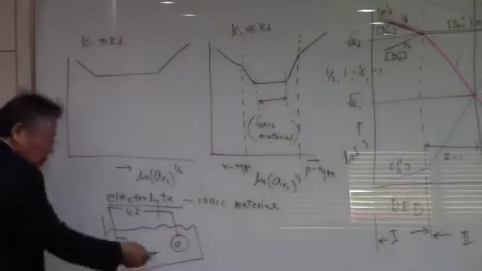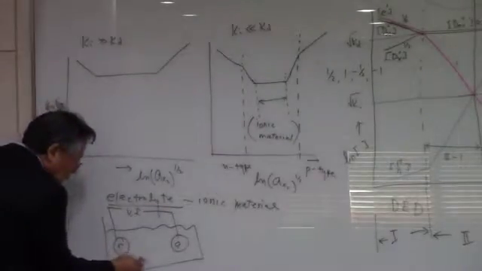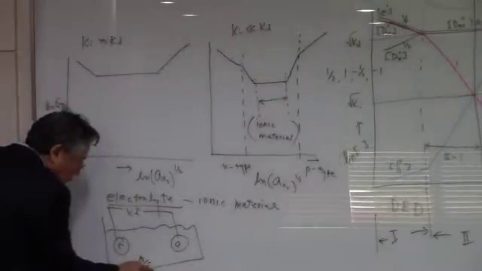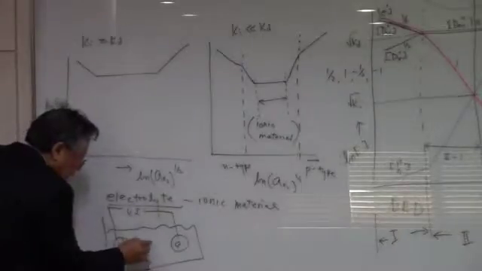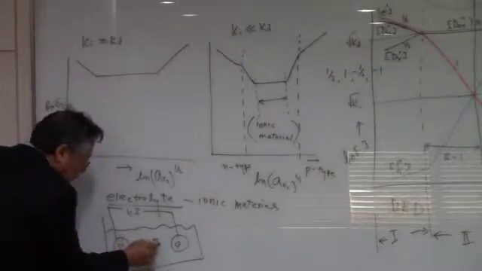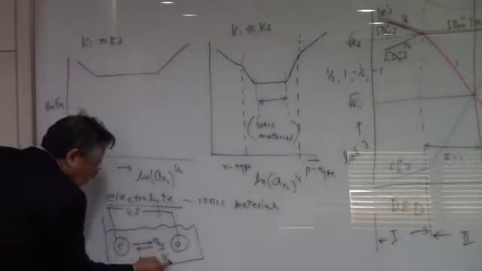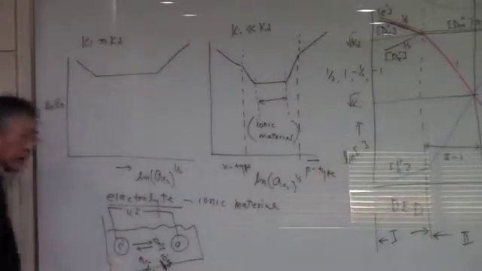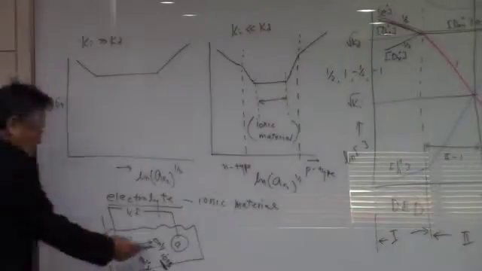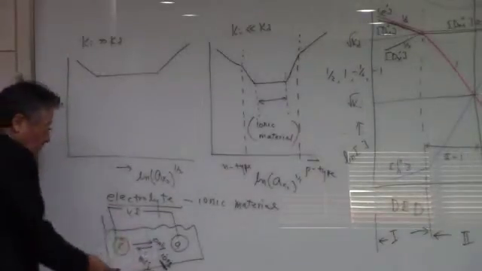But in this electrolyte, only ions should move. So the electrons and holes should not pass through here. So this electrolyte should be the ionic material.